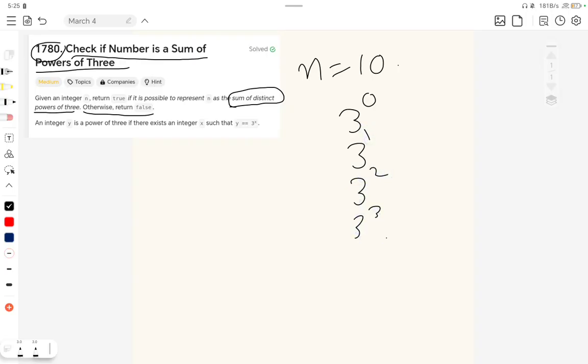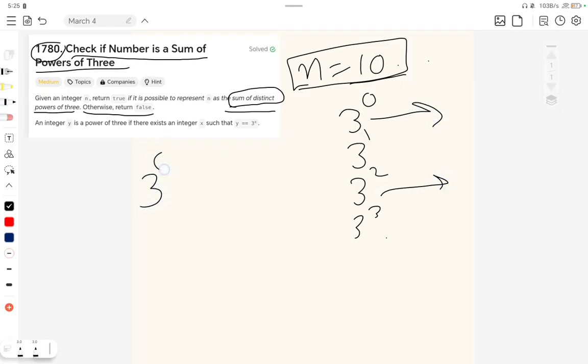It should be distinct powers. For n equal to 10, the possible answer is 3 power 0 plus 3 square, that is equal to 10. It is the answer.